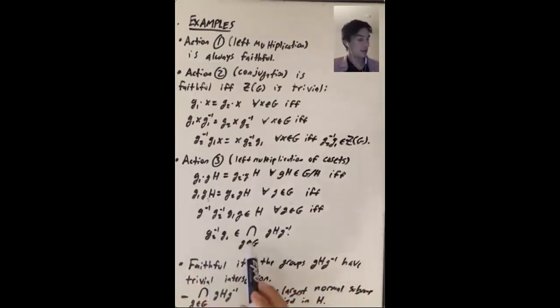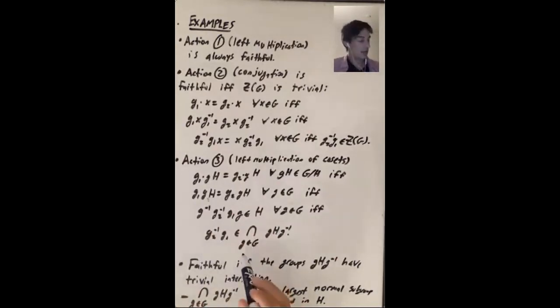So this is equivalent to saying that g2 inverse g1 lies in the intersection of all of these subgroups. So what does it mean for this action to be faithful? That's saying that as you vary over all g in the group, the different subgroups g H g inverse have trivial intersection. That's enough to imply that the only g2 inverse g1 that occurs in here, the only g1 and g2 that act the same way, would be when g2 inverse g1 is the identity, which means g1 equals g2.